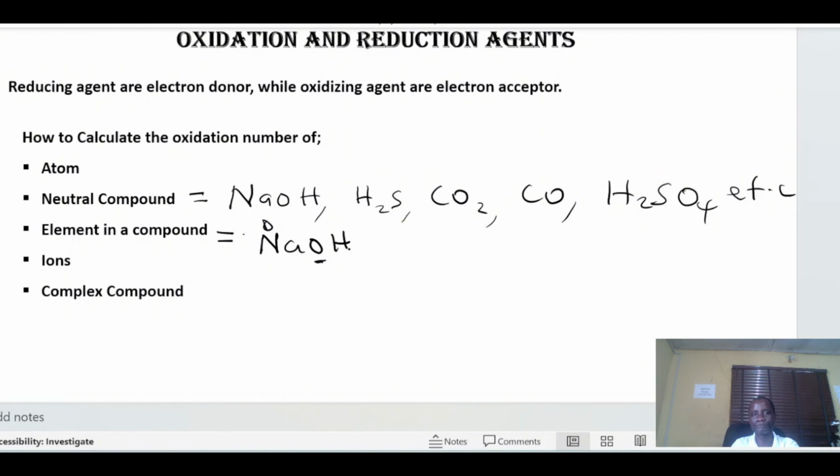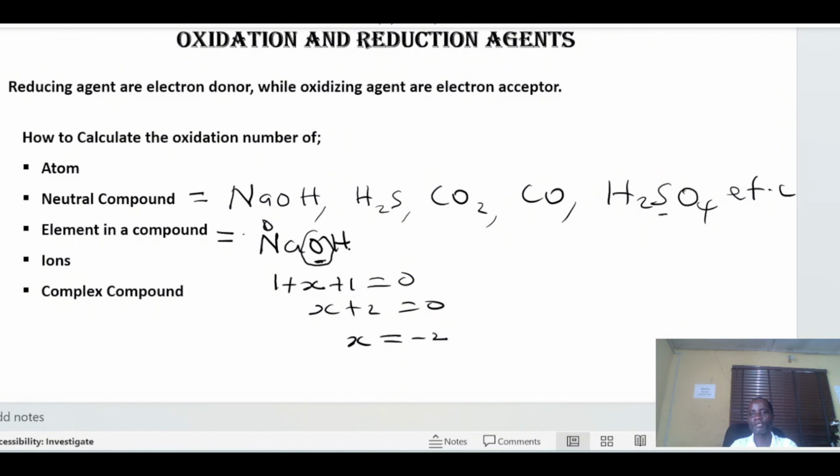For example, we have 1 plus x plus 1 equal to 0, because x represents the oxidation number of oxygen. Therefore, x plus 2 equal to 0. X now will be equal to minus 2. That means the oxidation number of oxygen here equal to minus 2.